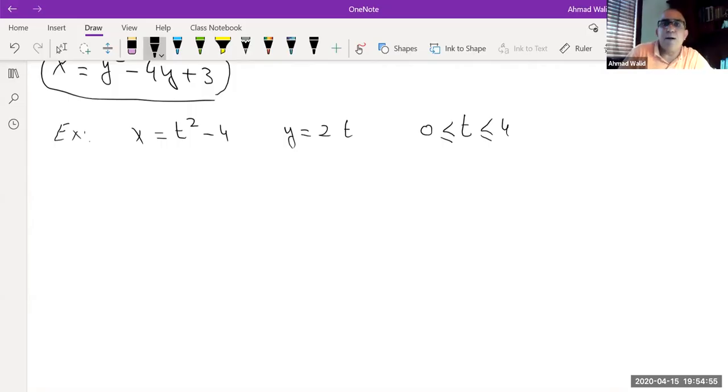In example number 1, there was no restriction for t. It means the domain of t for problem number 1 was from negative infinity to positive infinity. But here, sometimes or most of the time, they give you a restriction also for t.